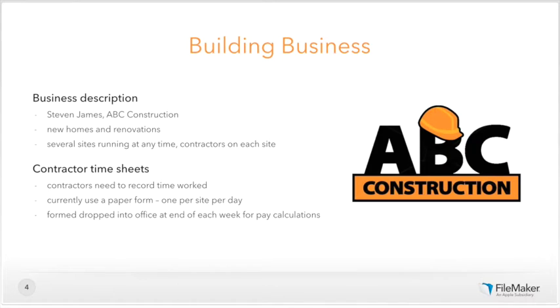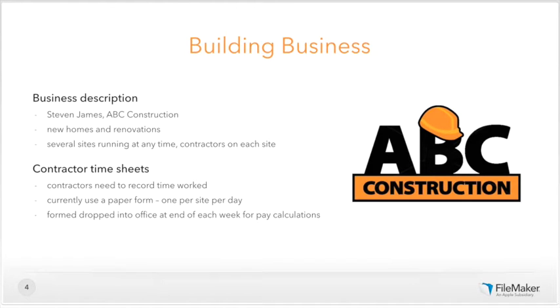Now, in this webinar, we're going to be using a fictitious building business run by Stephen James called ABC Construction. Stephen specialises in new homes and renovations, and he's always got several projects running at the same time with managers and contractors on site.